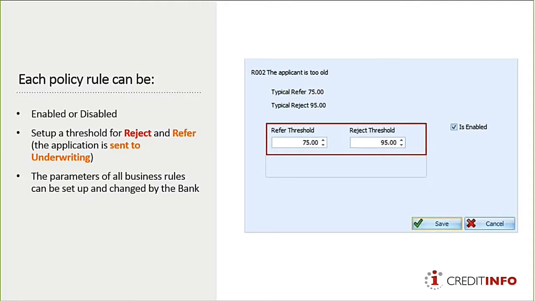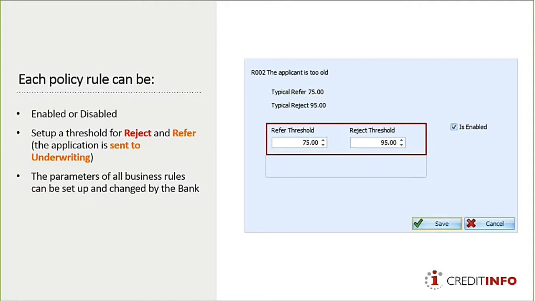On the screen you can see a rule: the applicant is too old. It means an institution can set up refer and reject thresholds, where the refer threshold means that if the applicant's age exceeds 75 years, then the application is automatically sent to an underwriter.